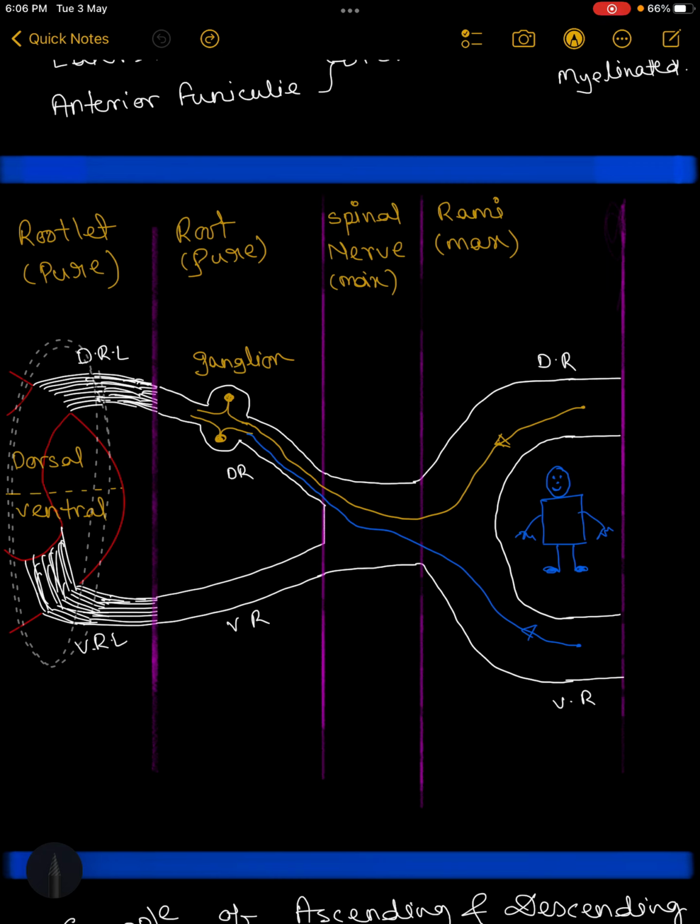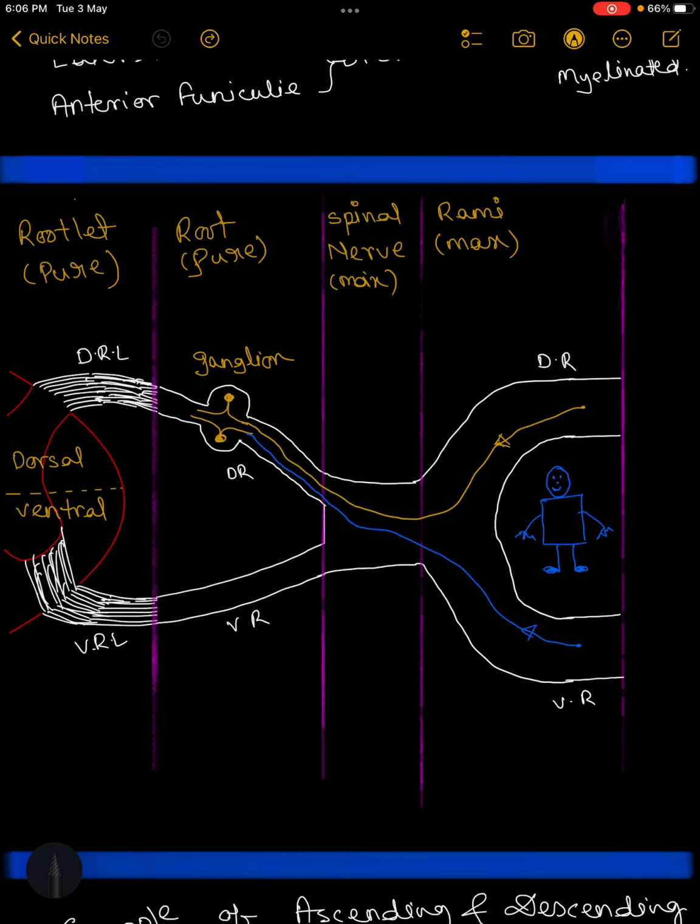Now again, a little bit of anatomy. This is a segment of spinal cord. This portion is dorsal, back, and this portion is ventral, front. Here you can see fiber-like structures, or axons, coming out from the spinal cord. In gross anatomy, you can easily appreciate this structure.